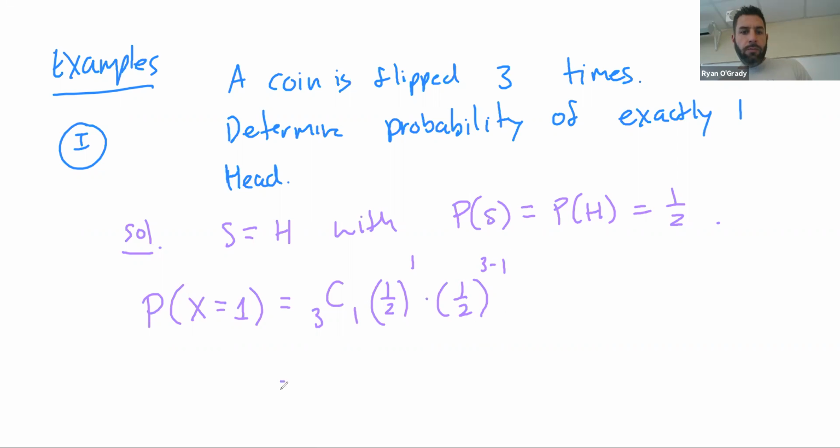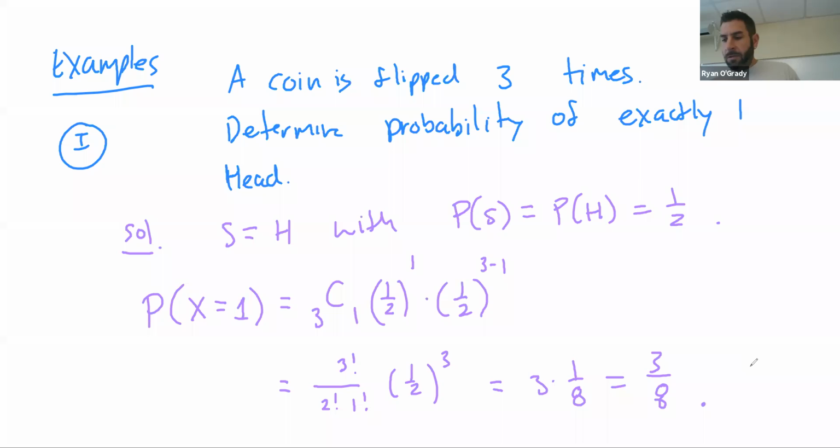And of course, this simplifies. This is 3 factorial over 2 factorial times 1 factorial. And this is 1/2 to the 3rd if you do your exponent properties. And this simplifies to 3 times 1/8, which is 3/8. But we already knew that because we wrote it all out earlier. But it's nice to see this formula gives us the same answer that we had by drawing out the sample space.